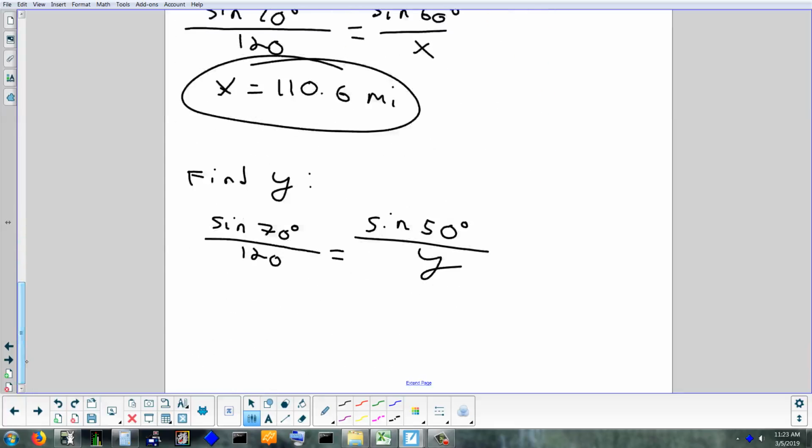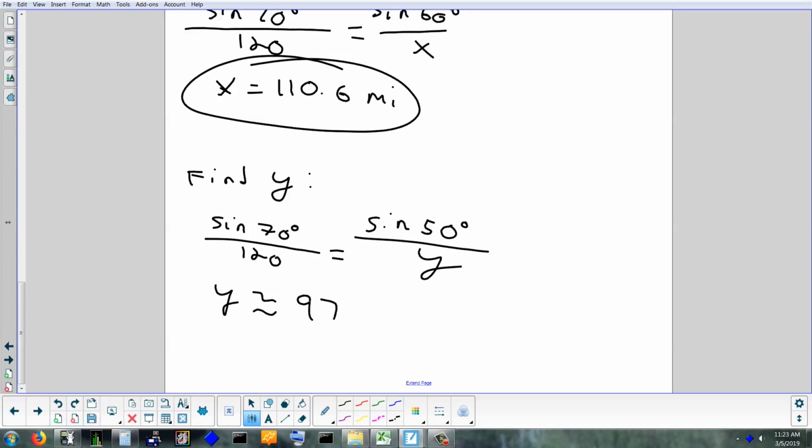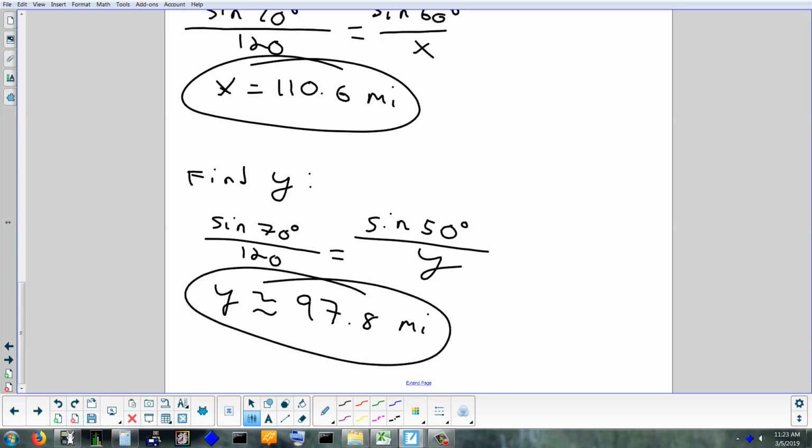Okay, we'll see what we get. All right, so we've got 120 sine 50 divided by sine 70. So given that the boat's not moving at this moment, it's 97.8 miles to the other Coast Guard station.